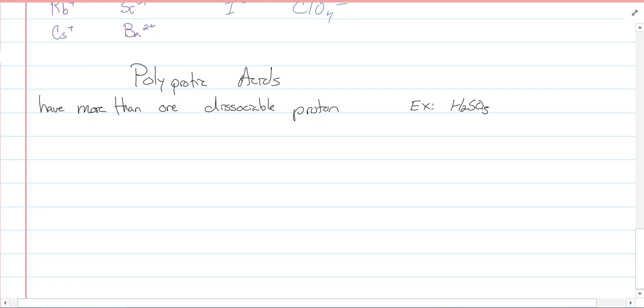So we'll have two Ka values. We have H2SO3 aqueous plus water going to hydronium and HSO3 minus.